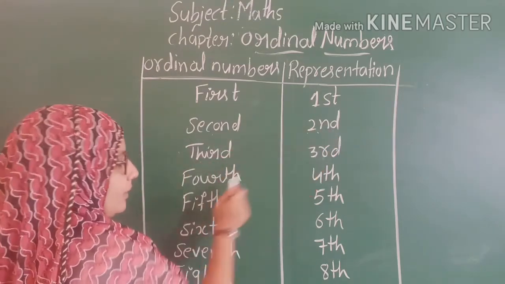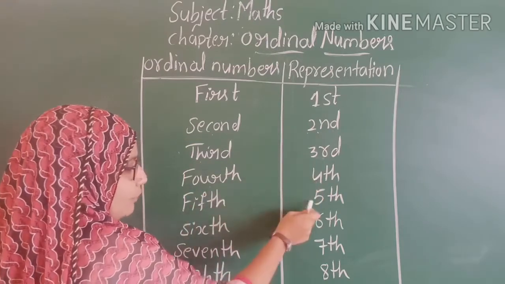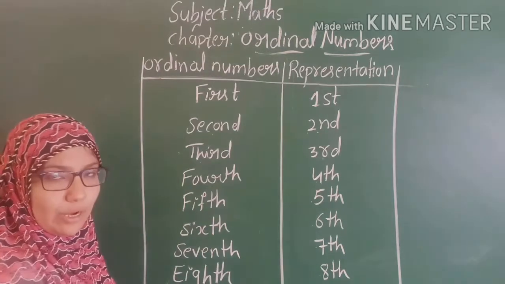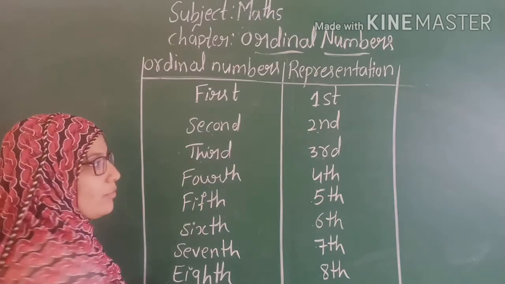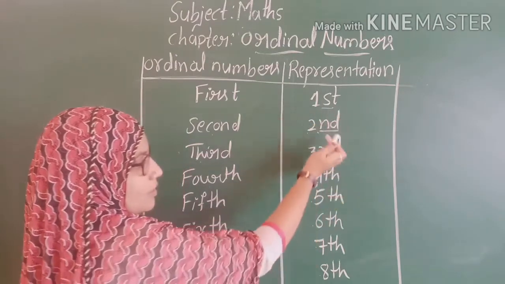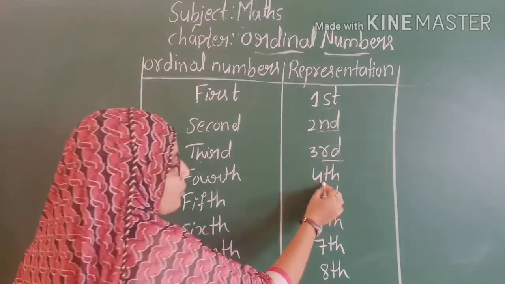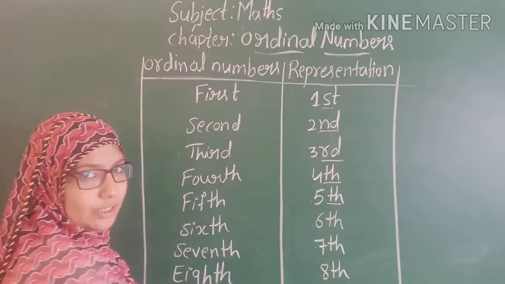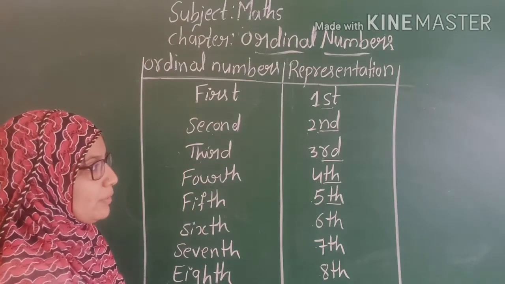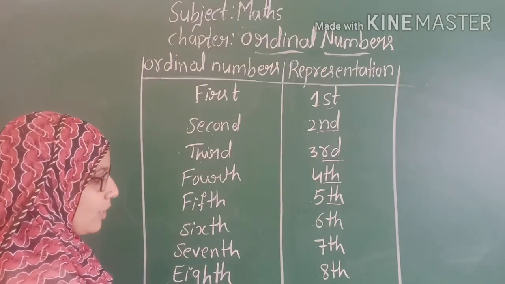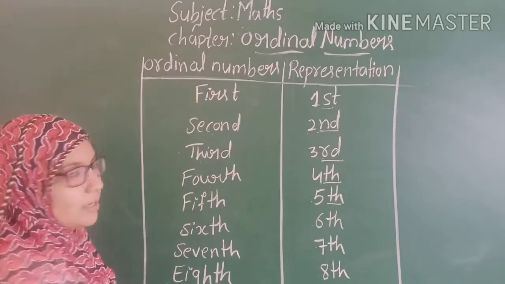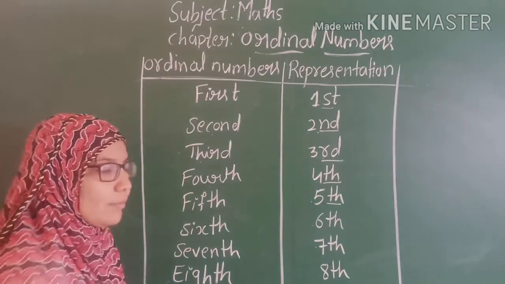Then third, fourth, fifth, sixth, 7th, 8th. See children, while representing ordinal numbers we use st, nd, rd for first, second, third, and then fourth, fifth, it's a continuation. This is the representation of ordinal numbers. Next you have to write up to 20, so you can learn.